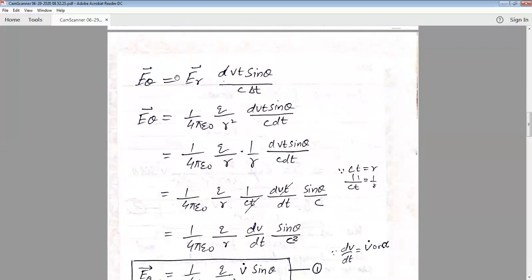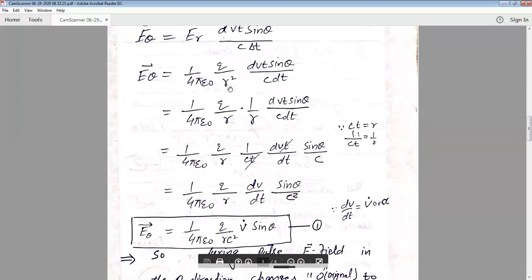Then we simplify the above equation: E theta is equal to E_r times delta v t sine theta over c delta t. Here we put the value of E_r, the electric field intensity in any direction, 1 over 4 pi epsilon naught q over r square, and this term will be this.